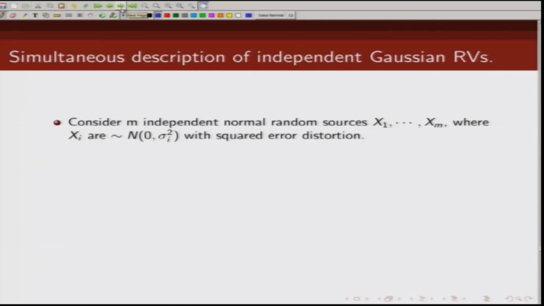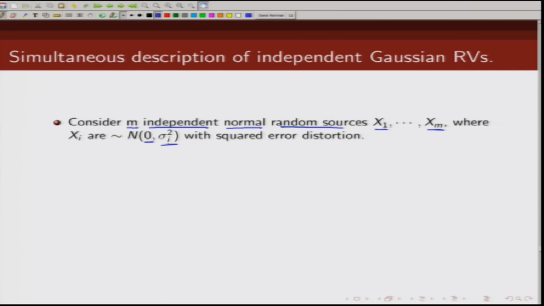Now, let us consider a case where we have m independent Gaussian random variables, denoted by x1, x2, x3, up to x m. These are zero mean Gaussian with variance sigma i squared.